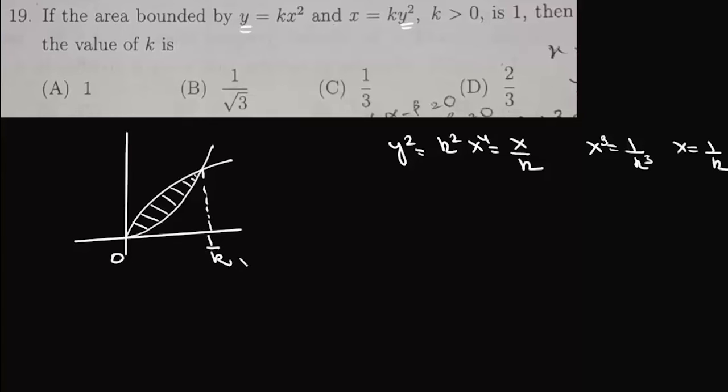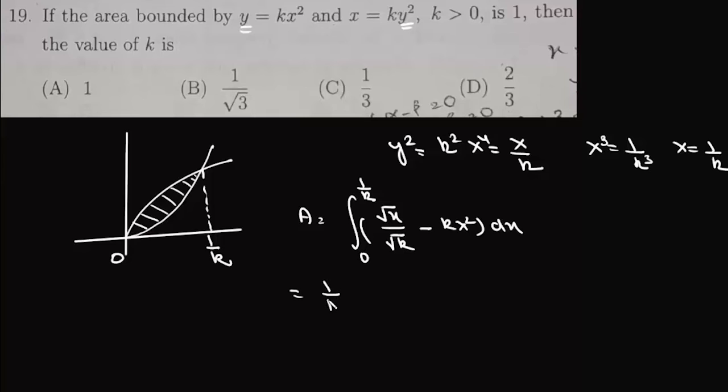Now we can write this area. It will be the integral from 0 to 1 by k, and then y of the upper curve. So it will be under root x by under root k minus y of the lower curve, which is kx square, into dx.